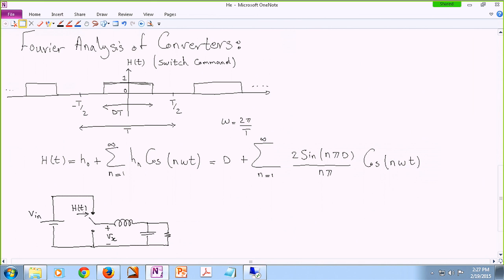In a very general case, if I call this voltage V1 and this voltage V2 with respect to any point, I can argue that Vx is V1 times h plus V2 times (1 minus h). 1 minus h is the complement of h, which is hypothetically the command applied to the bottom throw.